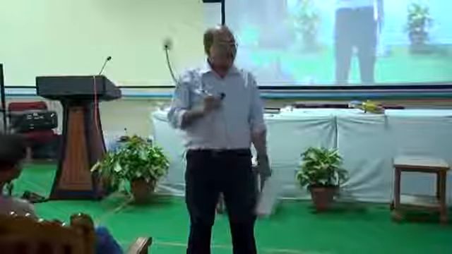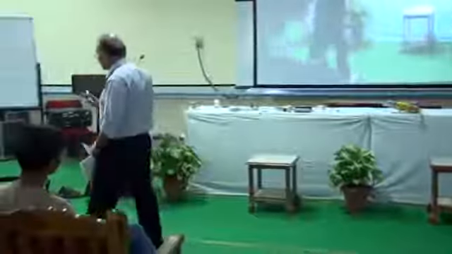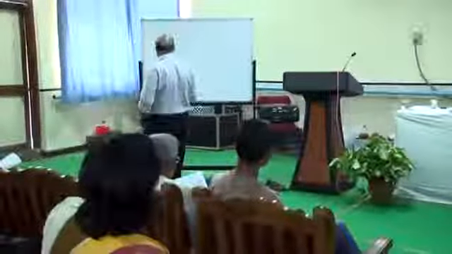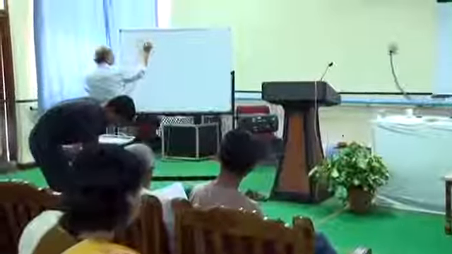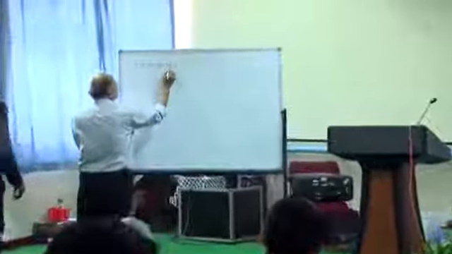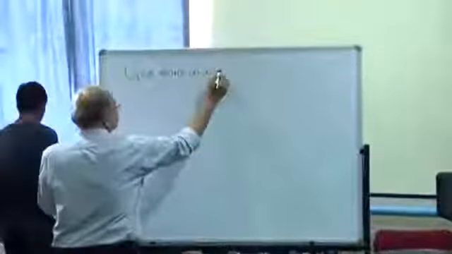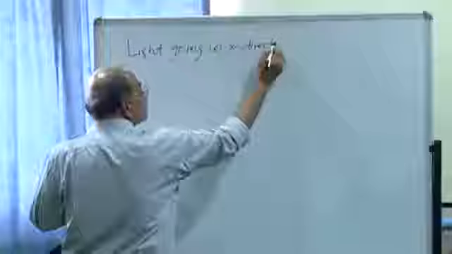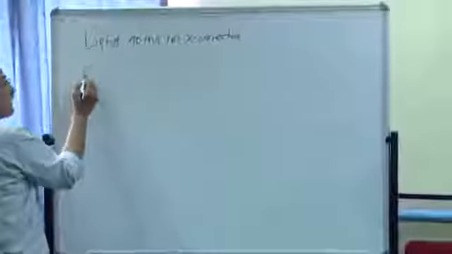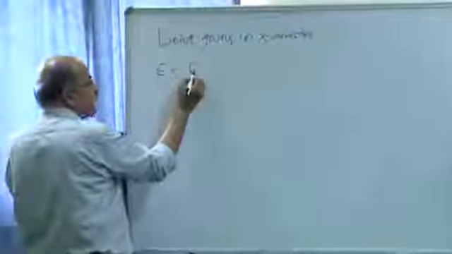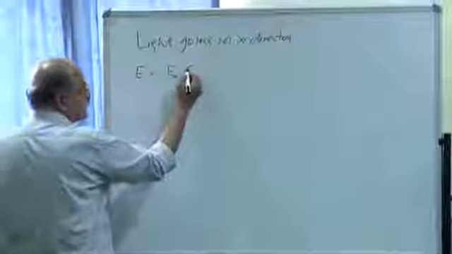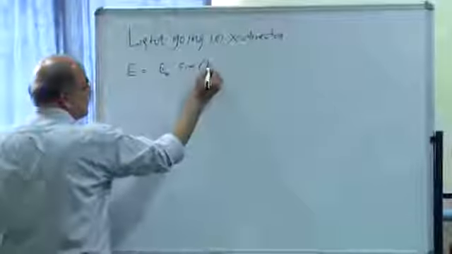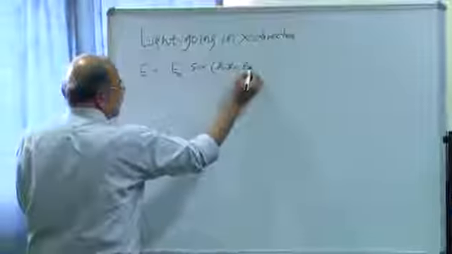So we write an equation. If the light is going in x direction, then the electric field is written as some magnitude E naught, let us write, cosine of k x minus omega t.